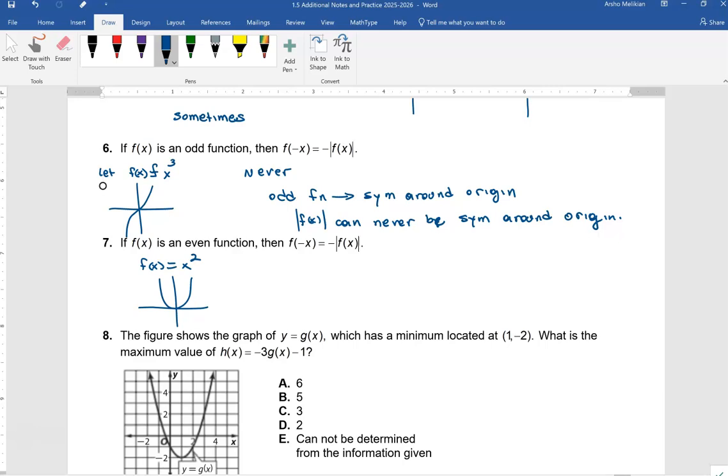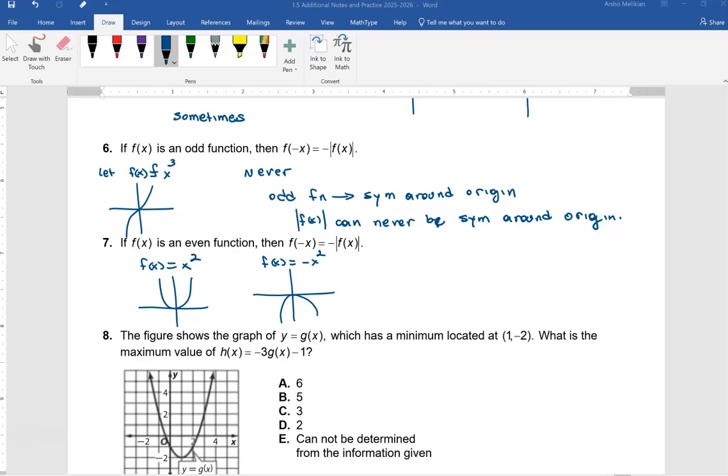How about if f of x was negative x squared? Okay, what's f of negative x of this function? It's the same thing. Make negative x here.